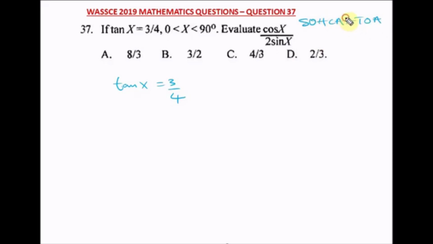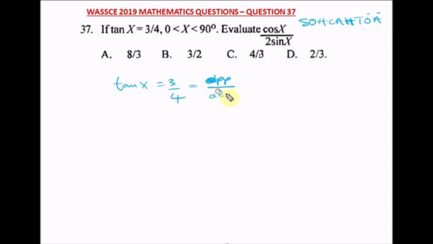Always have this at heart. TOA, where tan is your opposite over adjacent. So this 3 here is our opposite, and our 4 is definitely our adjacent.